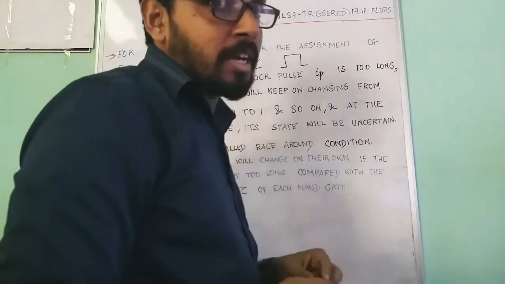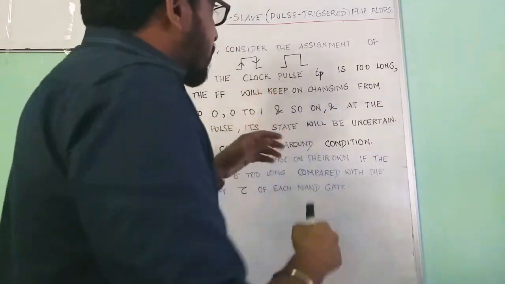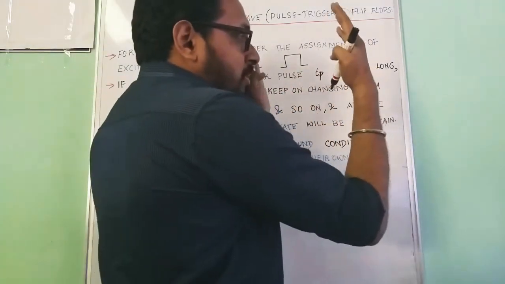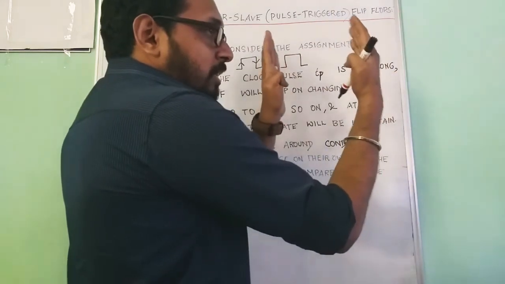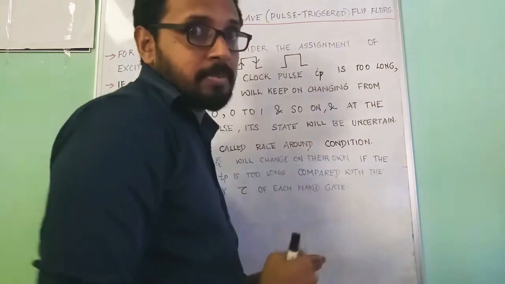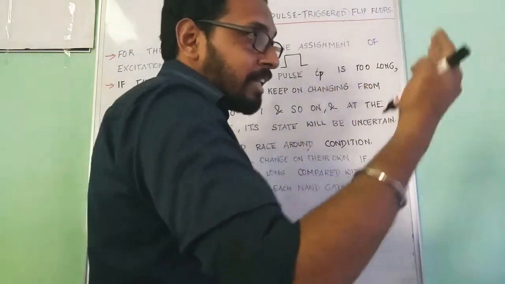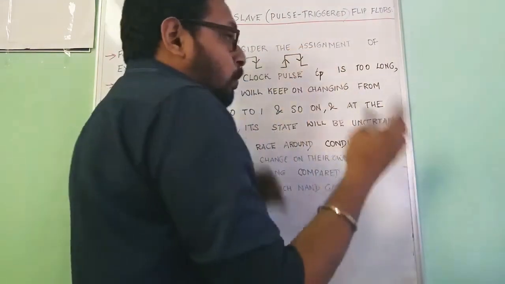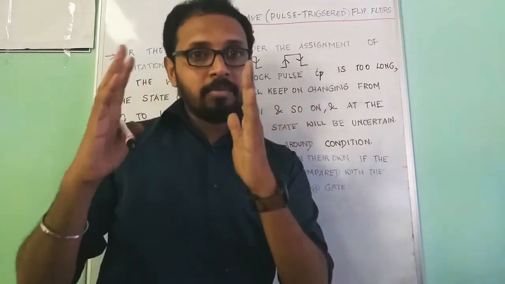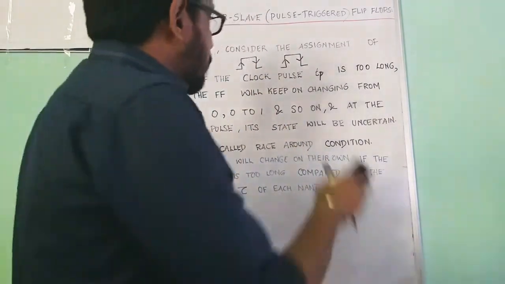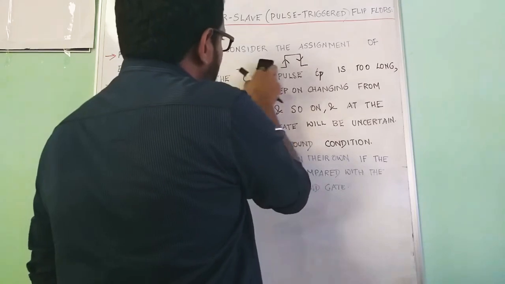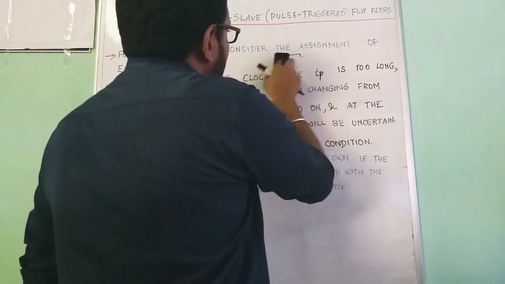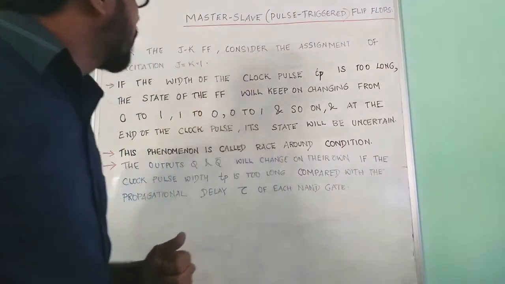But in the case of pulse triggered, the total time is the time consumed by the total clock pulse, where we come across the positive edge and negative edge together. So the time will be one clock pulse as a whole. Clear?